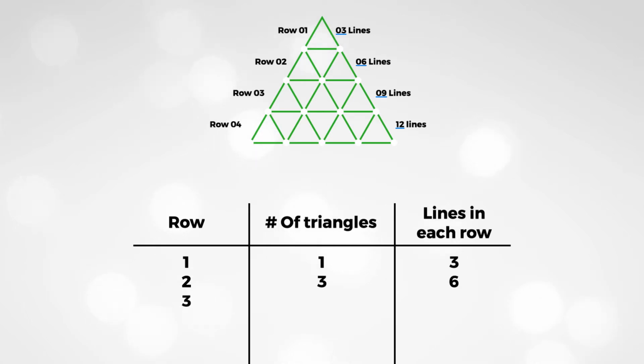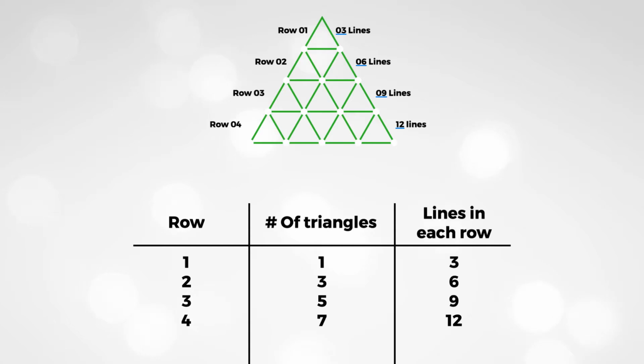In row 3, we've got 1, 2, 3, 4, 5 triangles, and the number of lines is 9. And in the fourth row, the number of triangles we have is 7, and the number of lines is 12.